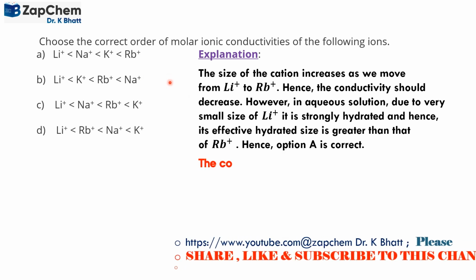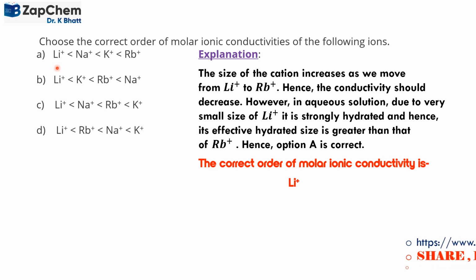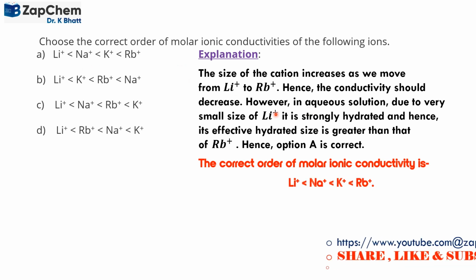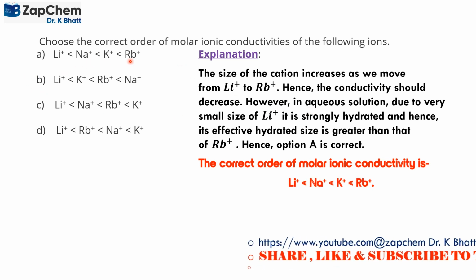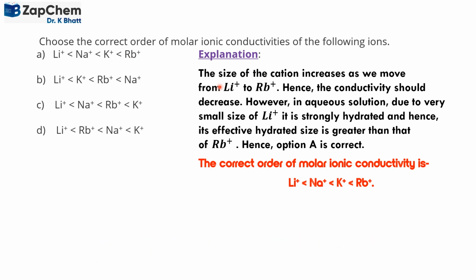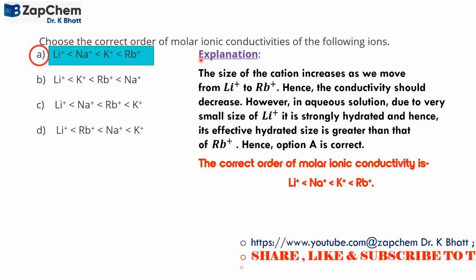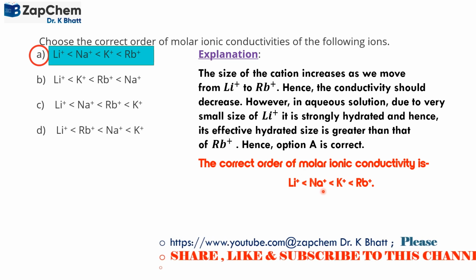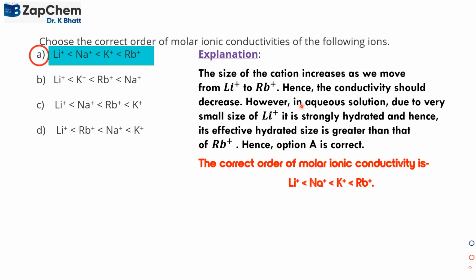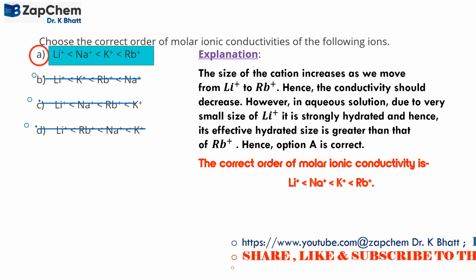And therefore, the lithium has minimum conductivity as compared to other ions provided over here. And that's why we can confidently take up that our option A is correct. The reason being these explanations which I have given to you. A hint. Next question.